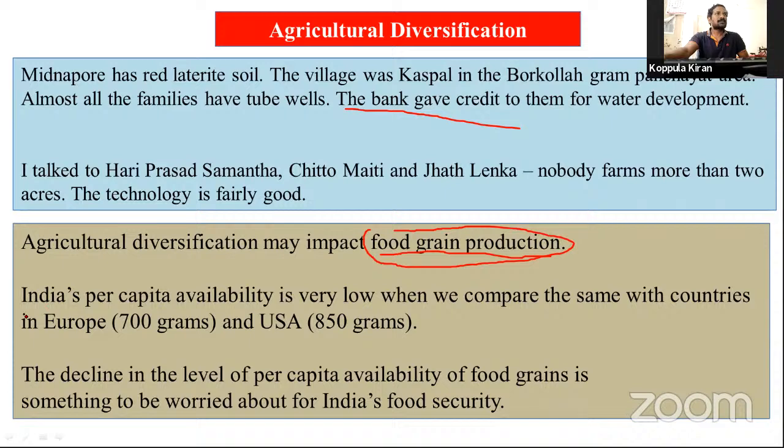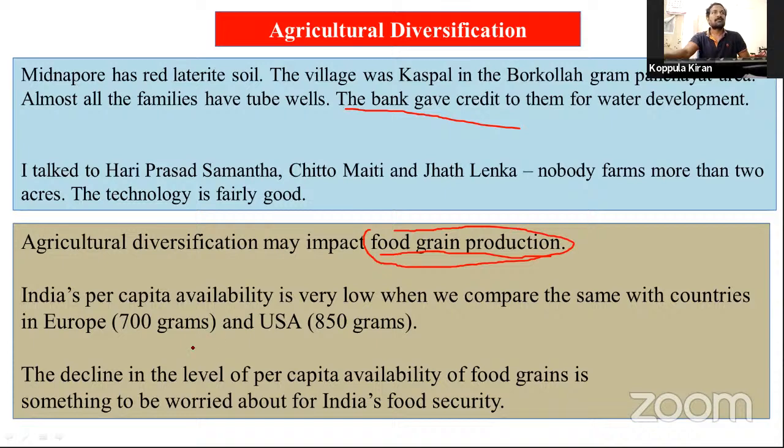See, another thing is that India's per capita availability is very low when we compare it with countries in Europe and the USA. We discussed in the earlier slide: India in 1971 was 469 grams per day per person, in 1991 it was 590 something, and in 2011 it was 462 grams.